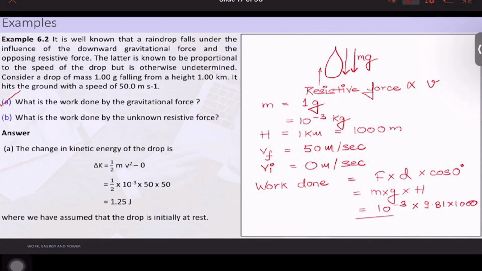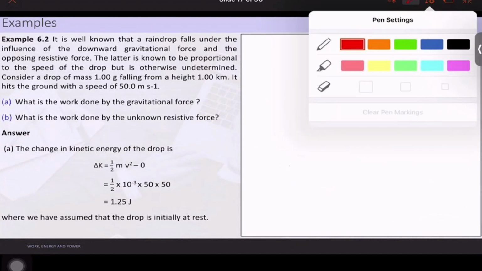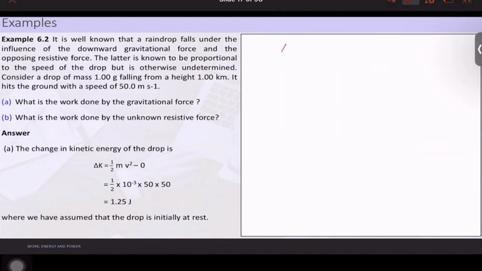So this is one of the ways in which we can solve this problem. Another way in which we can solve this problem is using the concept of kinetic energy change. What is the change in kinetic energy here? You can see clearly that the change in kinetic energy is equal to the final value, half m v square, minus the initial value, half m u square.